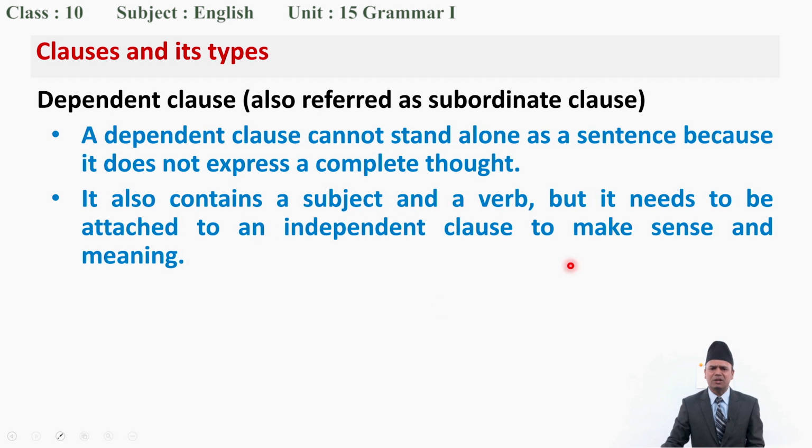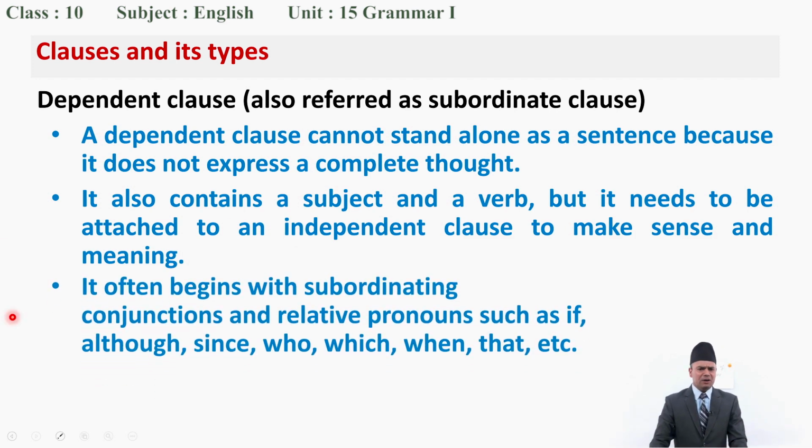It is not complete by itself. To give a complete meaning, to give a complete thought, it needs what? Can you guess? It needs an independent clause. It often begins with a subordinating conjunction and relative pronoun such as if, although, since, who, which, when, that, etc.